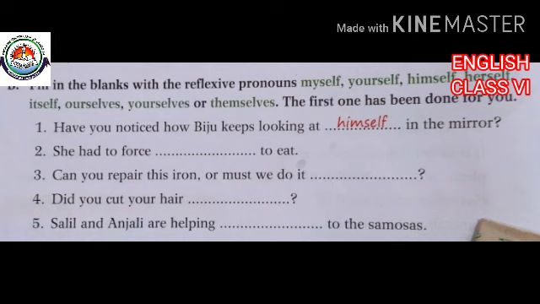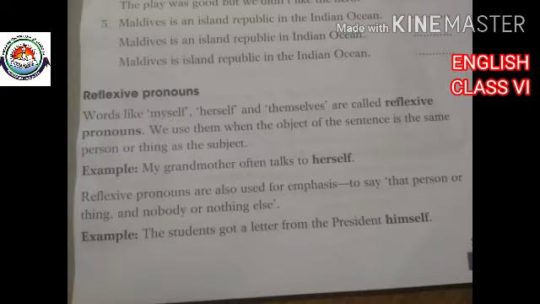Now let's have a look at the workbook, and we have to go to page number 21. There you are given a short explanation of reflexive pronouns and enough examples. And on page number 22, there is a table that shows how reflexive pronouns are formed.